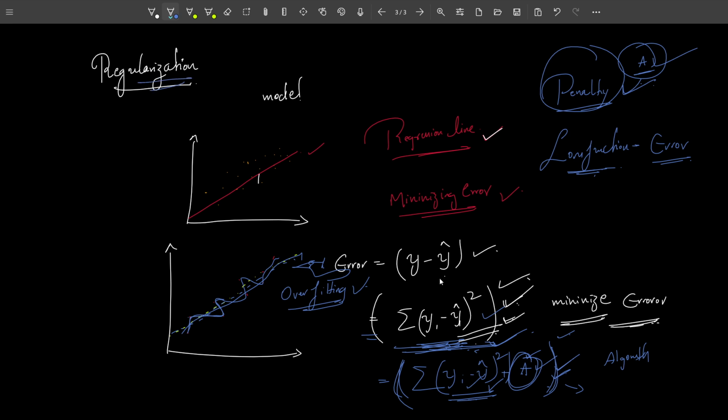Now I'll just give you a general overview again. Our models train based upon minimizing the loss function, and the loss function is nothing but the error function.